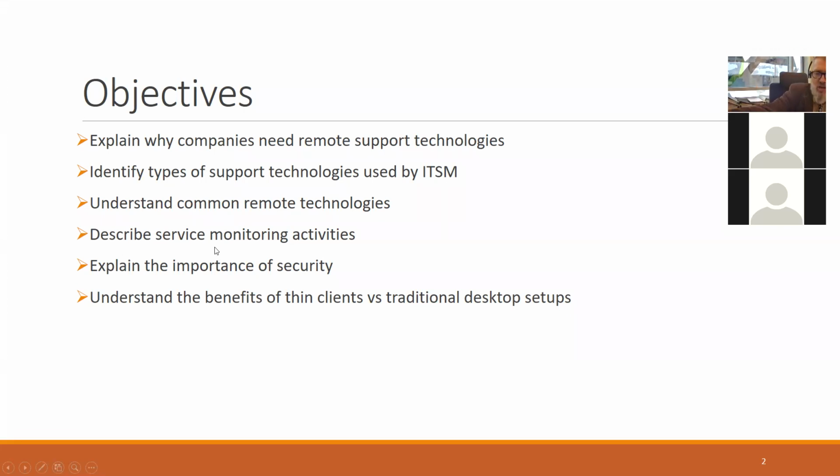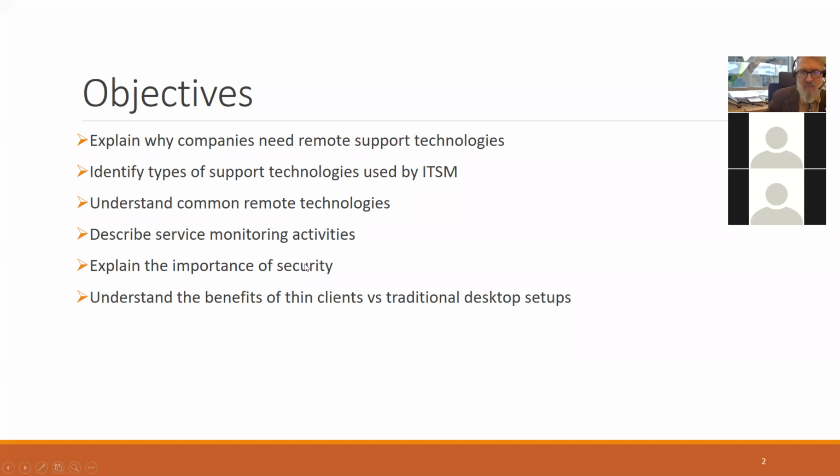How do we have some tools that will monitor what's going on in the network, with our customer applications and hardware, so that we can know how it's performing without having to go around there manually and check it? So that's monitoring activities. Security is always an issue, right?